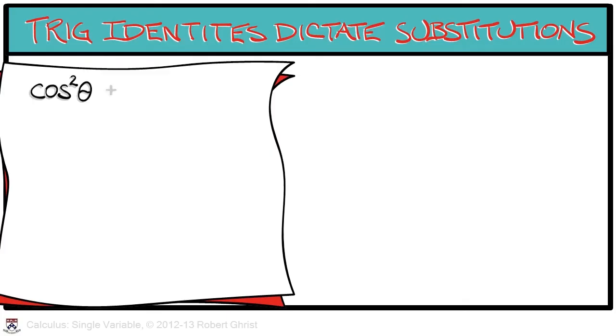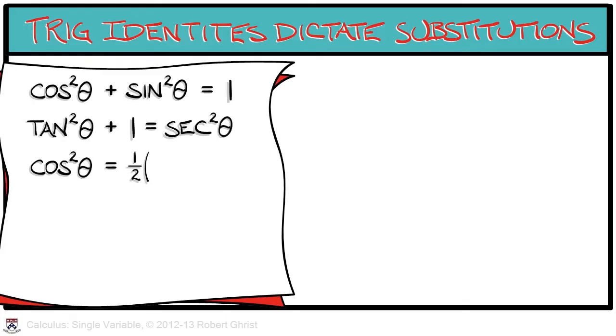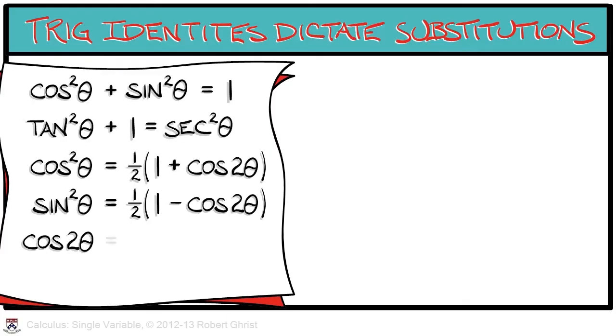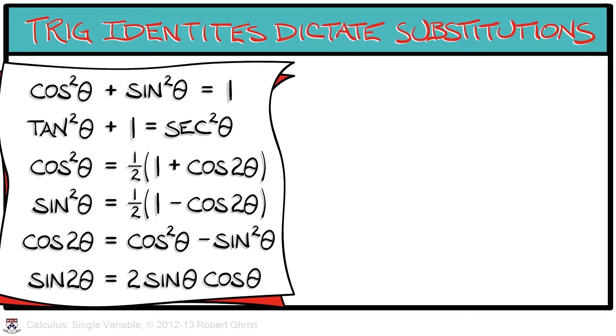Now, the various trigonometric identities that you may have encountered in the past are what dictate these trigonometric substitutions. Some of these you're going to want to have memorized. Cosine squared plus sine squared equals 1, and the version with tangent and secant.